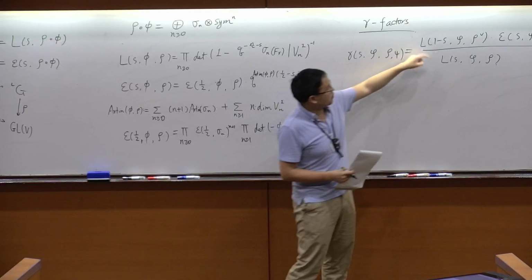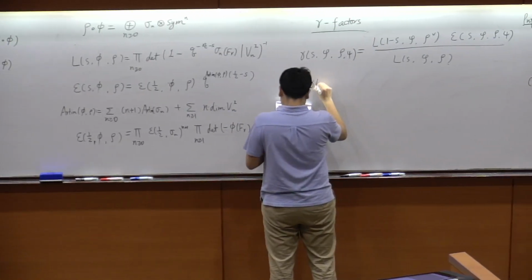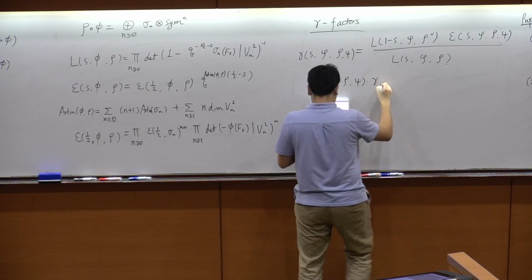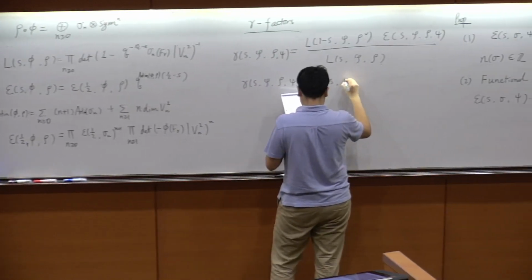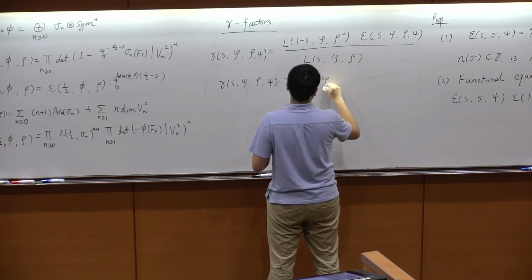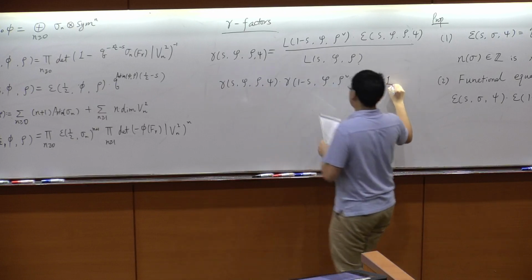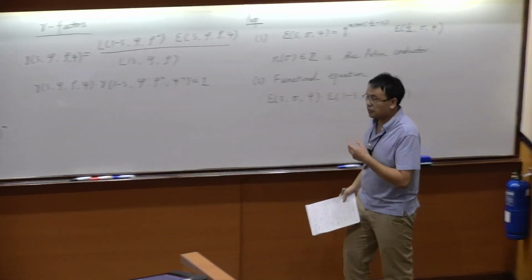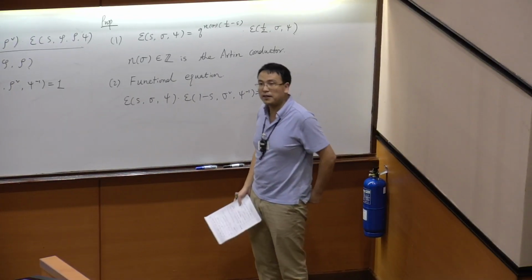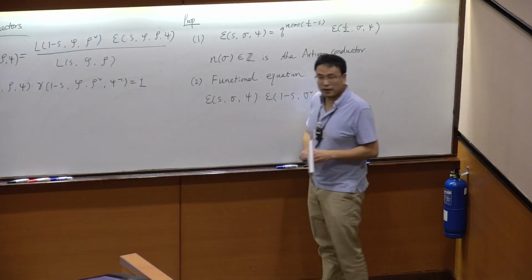The L function will be cancelled. Which means if you multiply with the gamma factor of its contragredient, you also get 1. So this is the functional equation for the gamma factor.